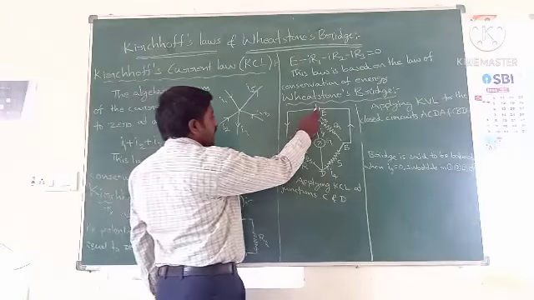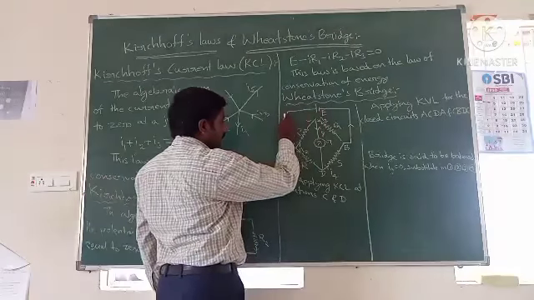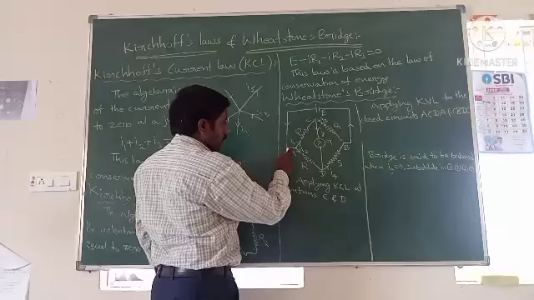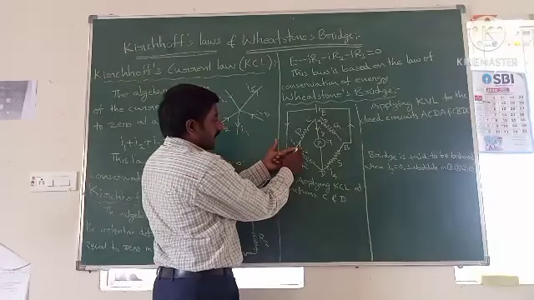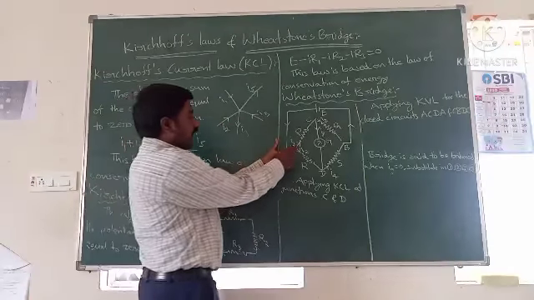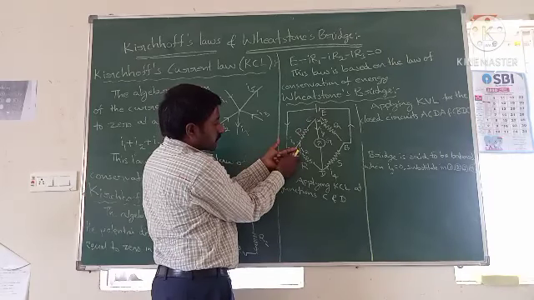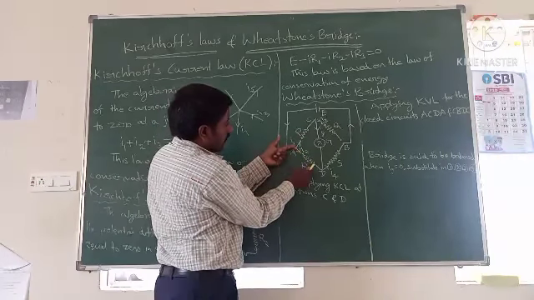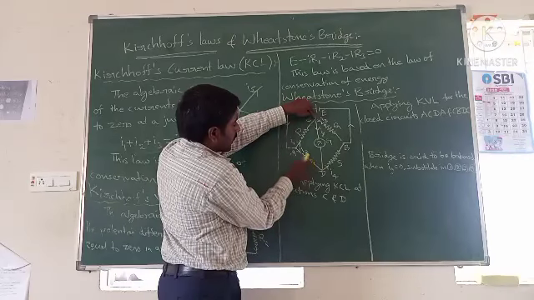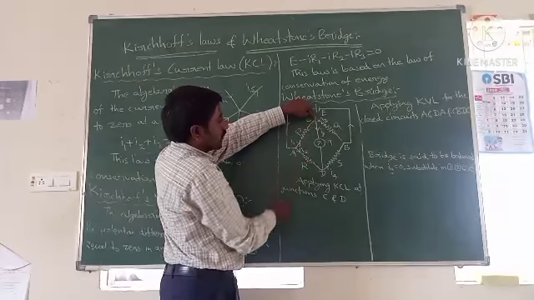Now we can observe the current direction here. So this is the current direction. Now when the current reaches the junction A, it will be split into two ways. I1 amount of current is passing through the P resistor, and I2 amount of current is passing through the R resistor. And at junction C, again this I1 current will split into two ways.